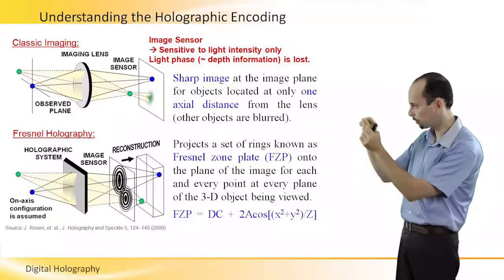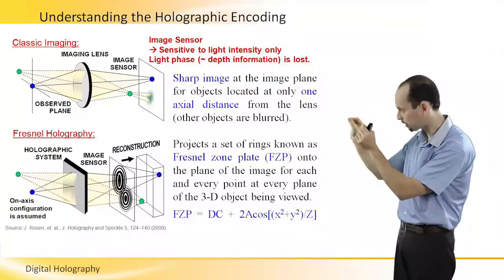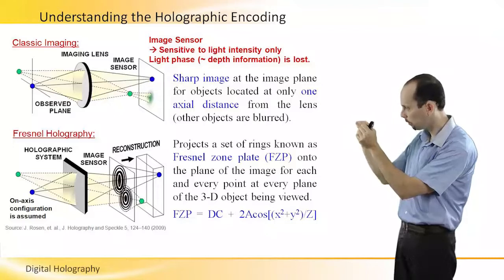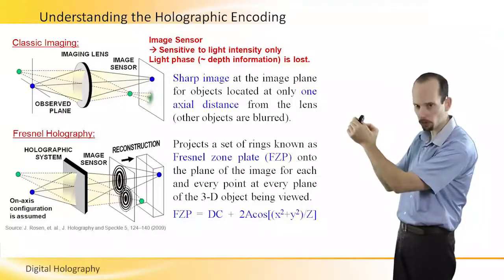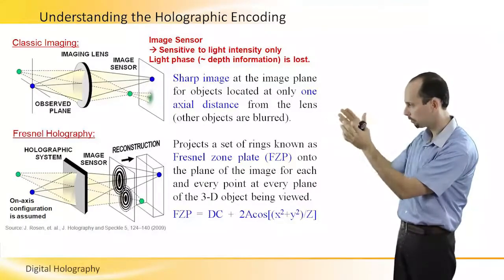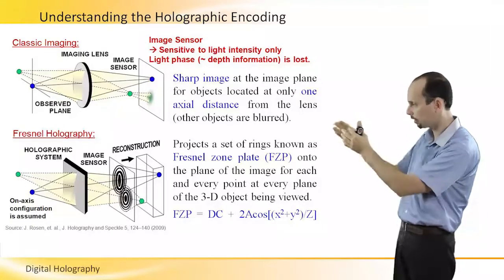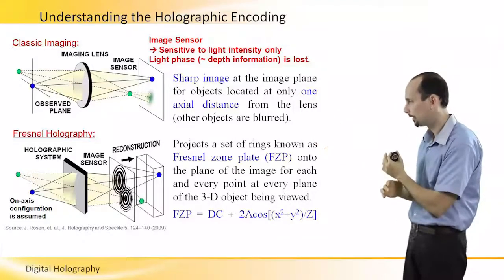The point which is in focus projects a focused spot, whereas the point which is out of focus creates a haze, or sometimes it is even not seen if it is very far from the focus.